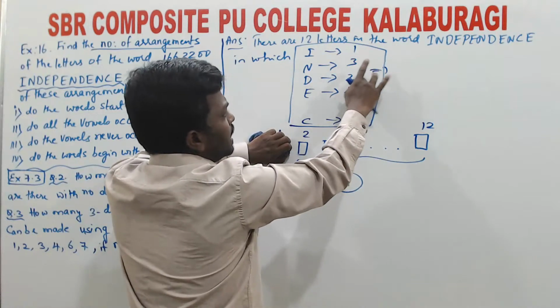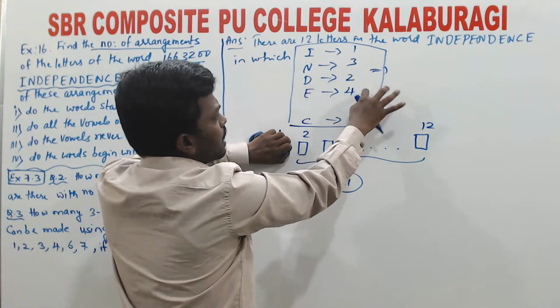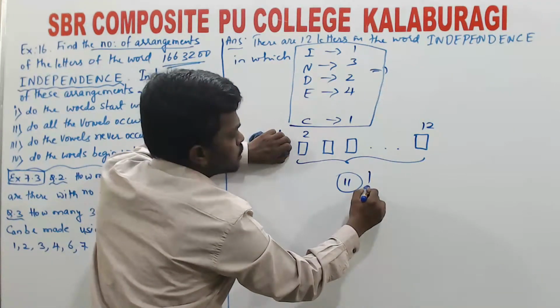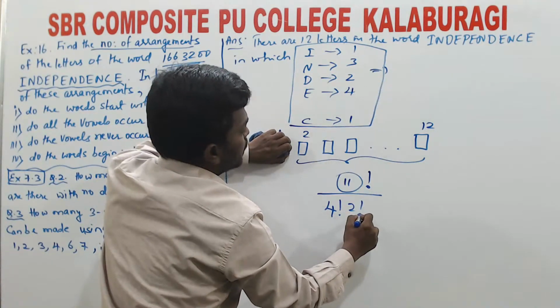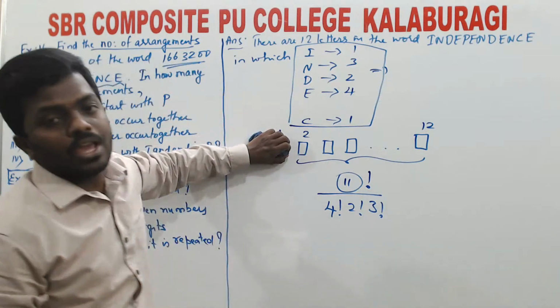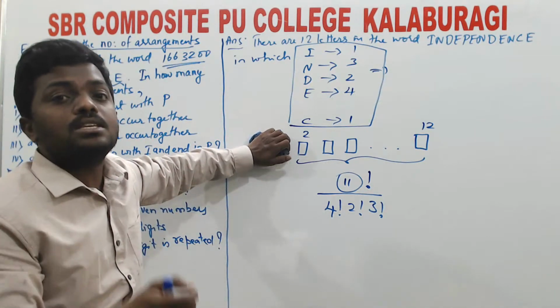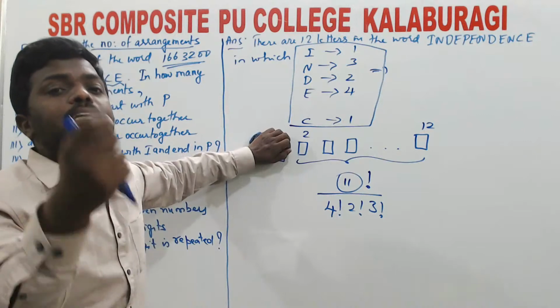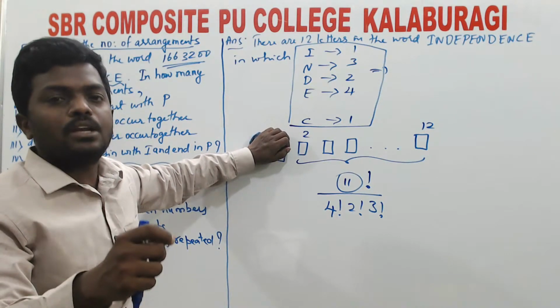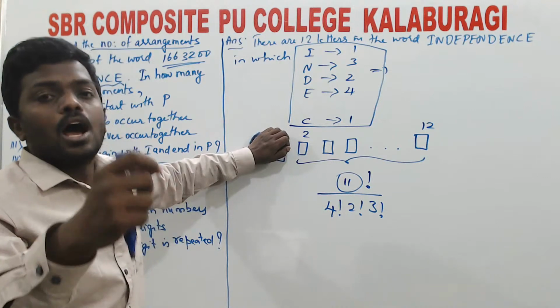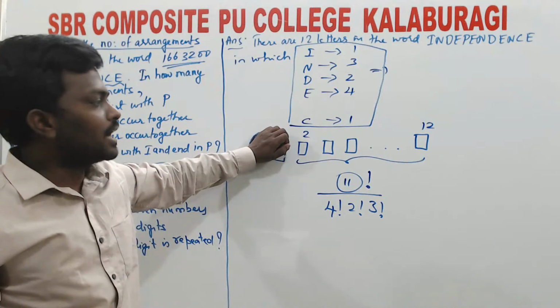N is appearing 3 times, D is appearing 2 times, and E is appearing 4 times. So 11 factorial by 4 factorial, 2 factorial, 3 factorial. We are using this formula because they are not distinct objects, right? So we have the formula n factorial by p1 factorial, p2 factorial, and so on up to pk factorial.